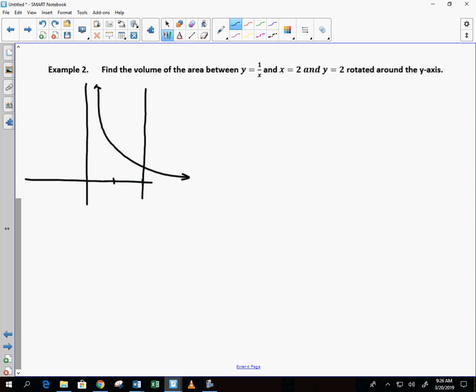Clap for him. Thank you. All right. What does y equals 2 look like? Where's the region that you're bounding? Yeah, it's this guy right here, right? I'm going to draw it in blue.